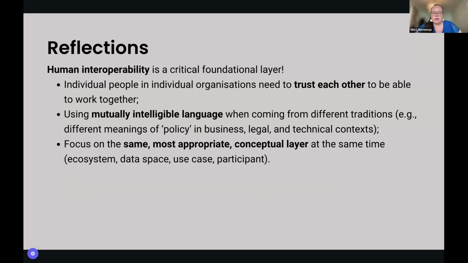And just to close with a couple of reflections, this is something I've been saying for some time, but this really reinforced for me again that human interoperability is a really critical foundational layer for any exercise like this to work. So individual people in individual organizations need to trust each other to be able to work together.